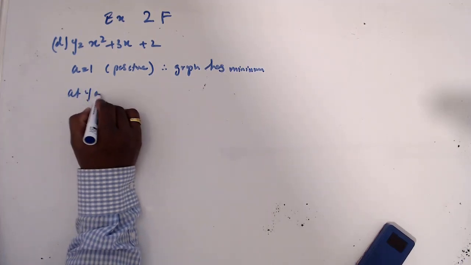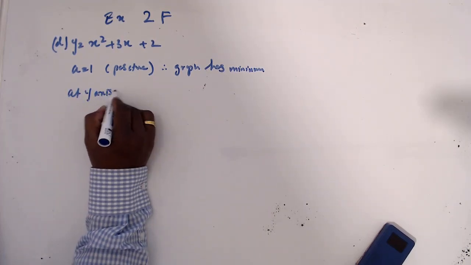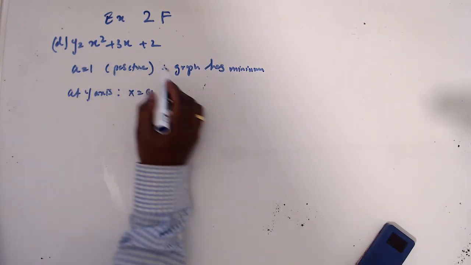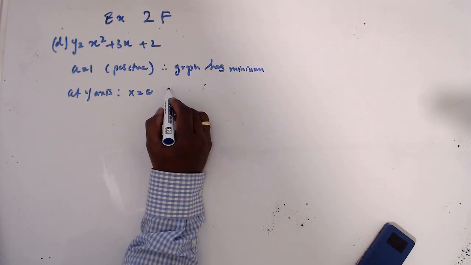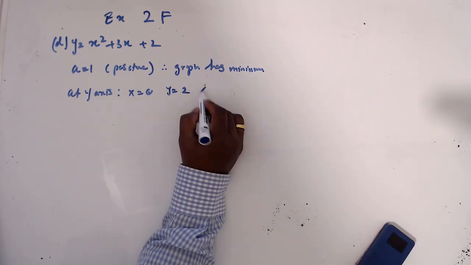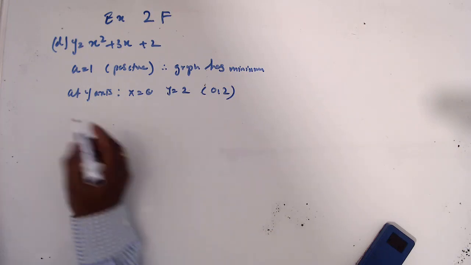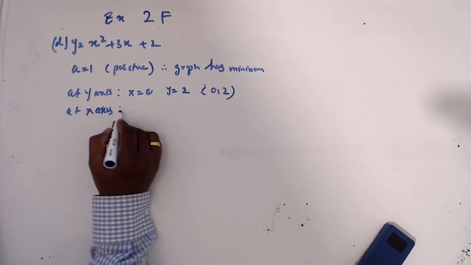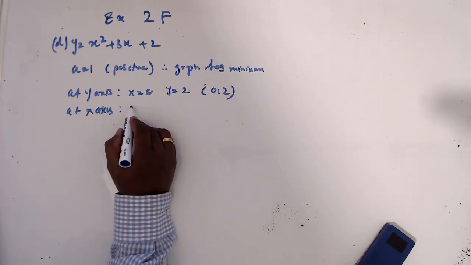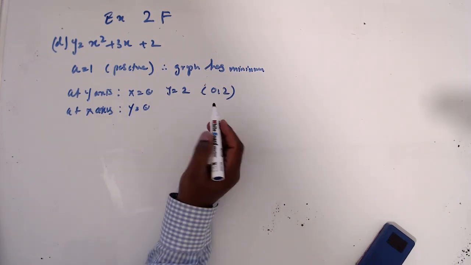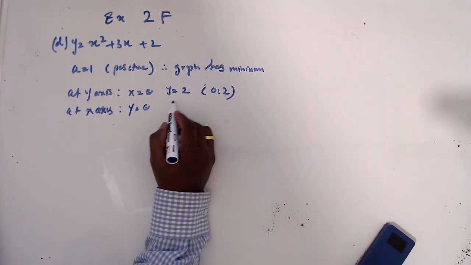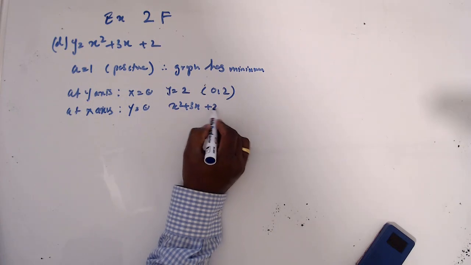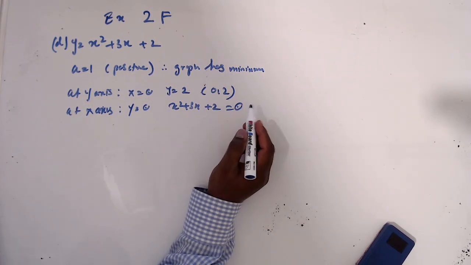At the y-axis, x equals 0. At the x-axis, y equals 0, so x squared plus 3x plus 2 equals 0.